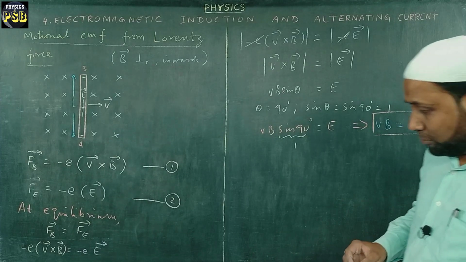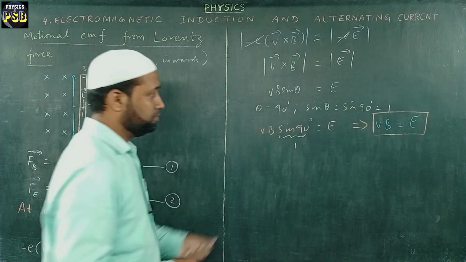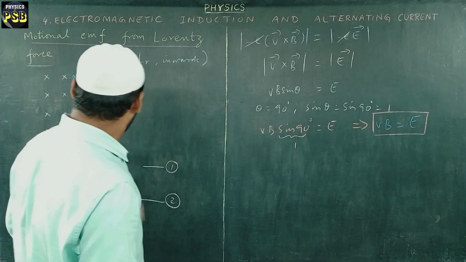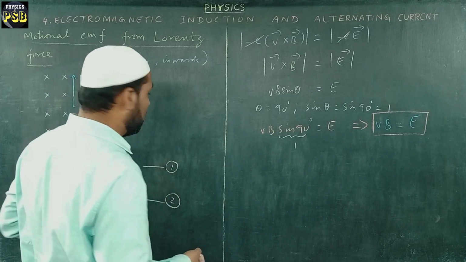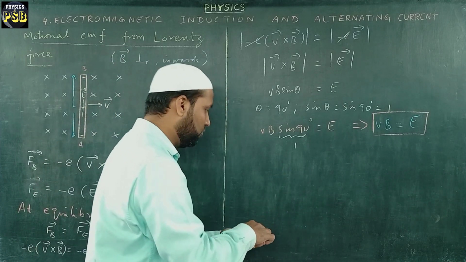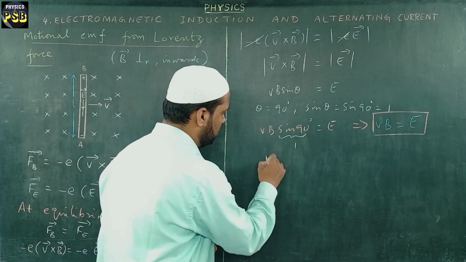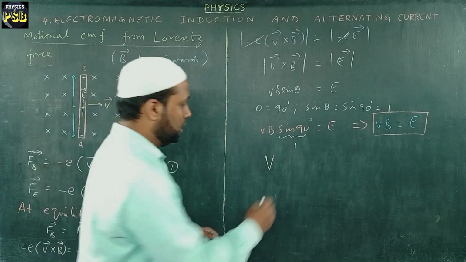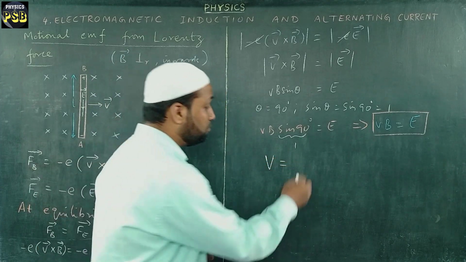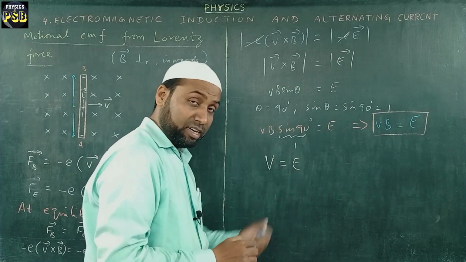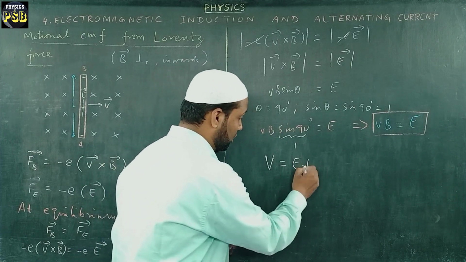Now, next, the potential difference in the rod is found to be V equal to the product of the electric field and the length of the rod.